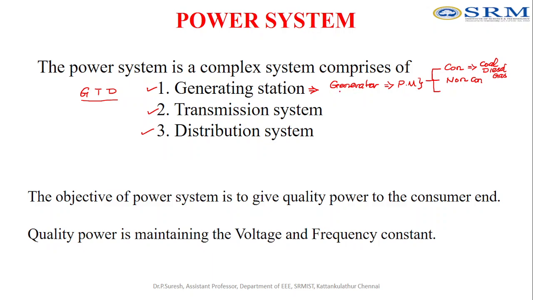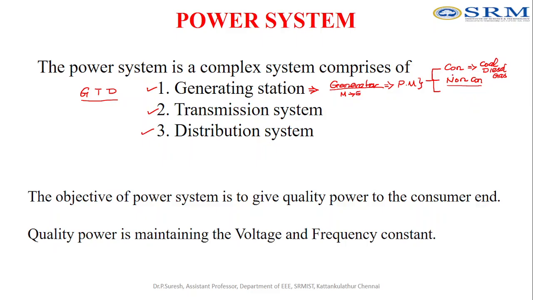A generator is the device which is used to convert mechanical energy into electrical energy. Mechanical form here is nothing but a rotating force, and the rotating force is given by the prime mover. The rotation of the prime mover is created by resources like coal, diesel, gas, etc. And also we can generate power using non-conventional energy resources.